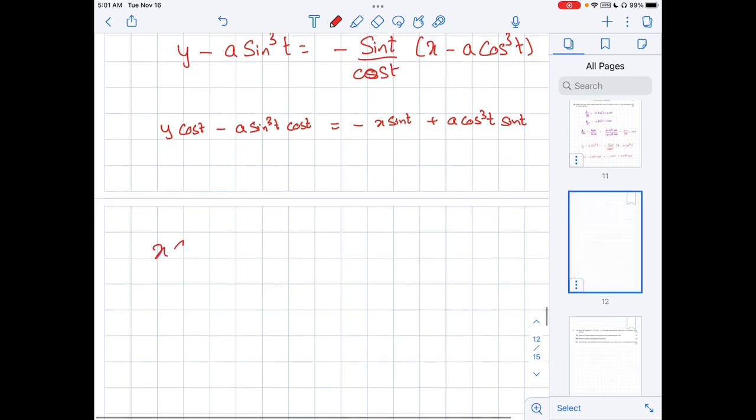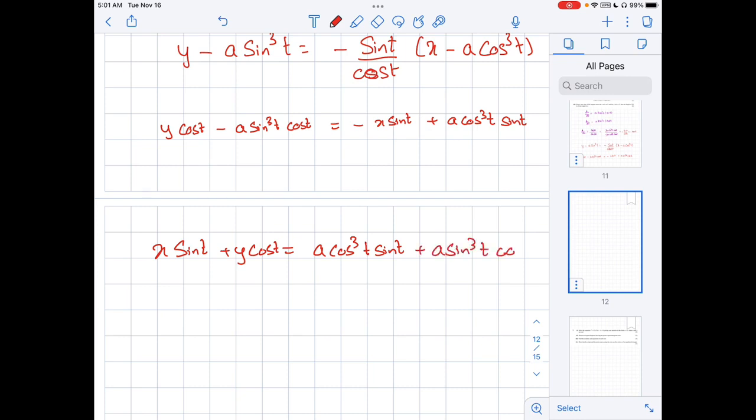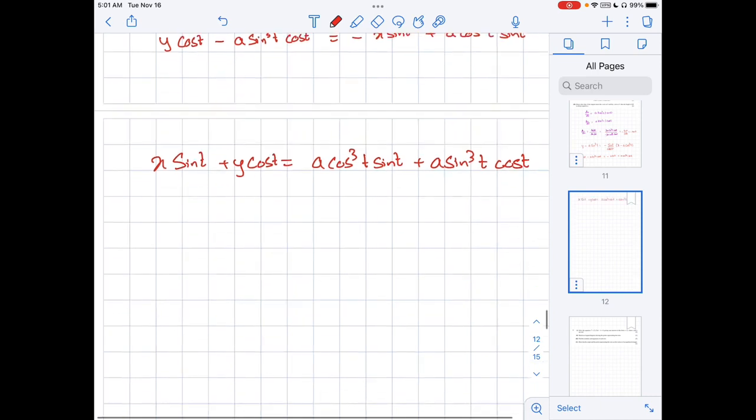So it becomes x sine t plus y cos t is equal to a cos cube t sine t plus a sine cube t cos t. So it becomes x sine t plus y cos t is equal to a sine t cos t common.